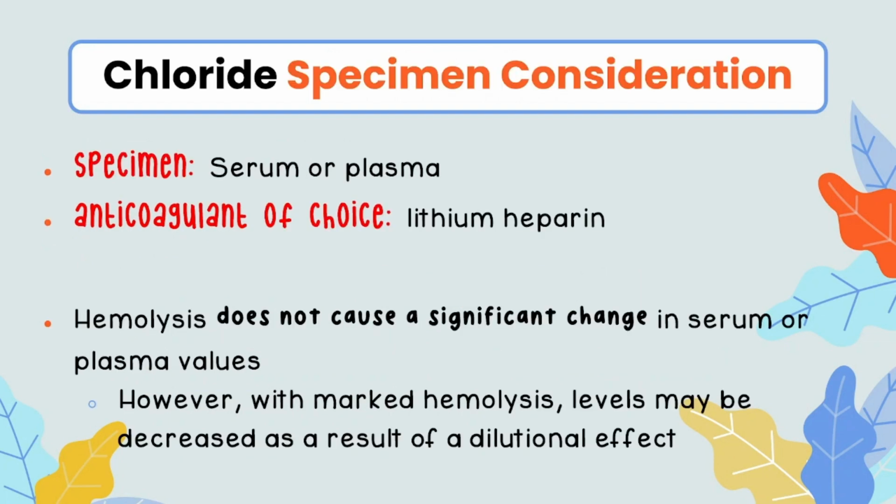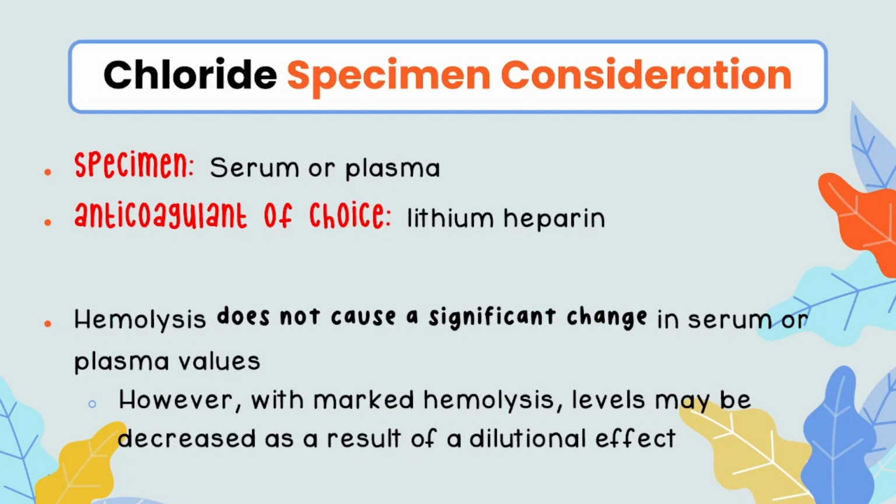For the specimen consideration, serum or plasma can be used for chloride. If you use plasma, then heparin will be your best anticoagulant, specifically lithium heparin.